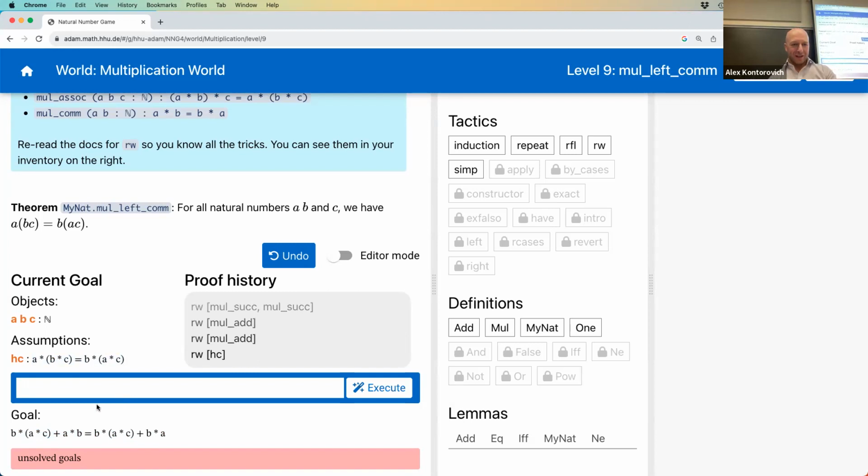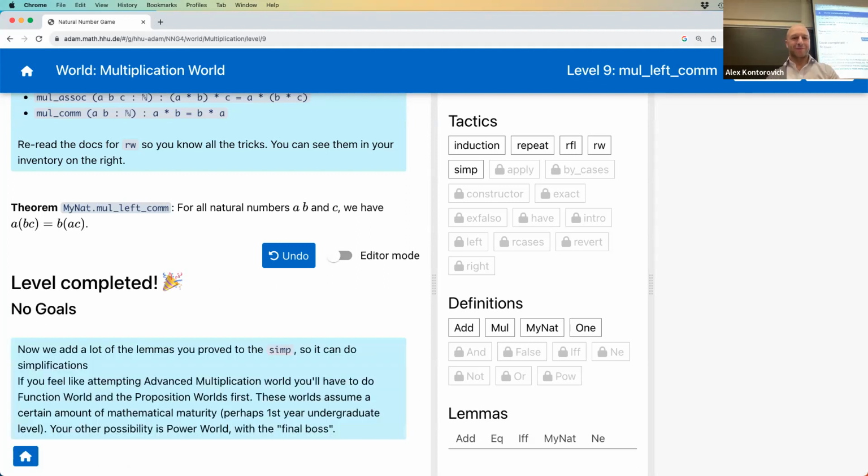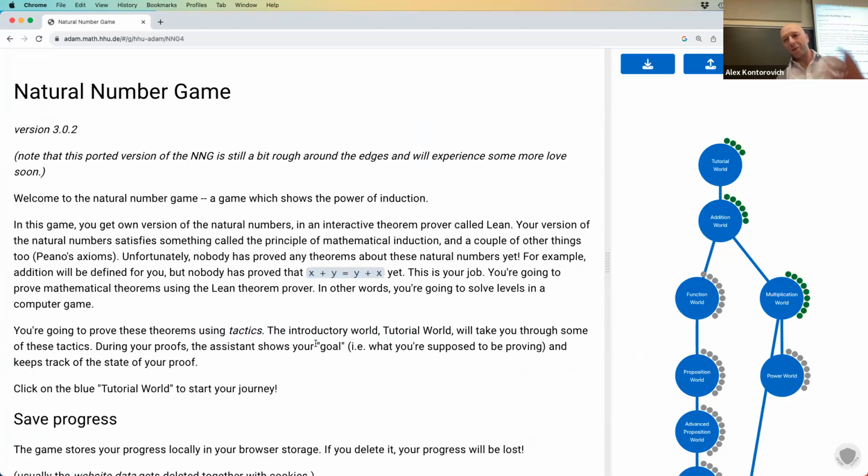Rewrite induction. And now the first 2 bits are the same, but the second 2 aren't. Mul_comm, let's specify which, a and b. Then rfl. Okay. So now we add a lot of the lemmas you just proved to simp. Okay. It would really be ring.